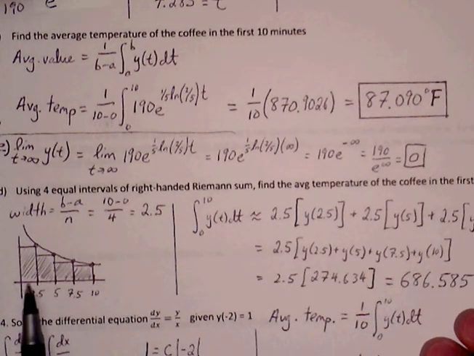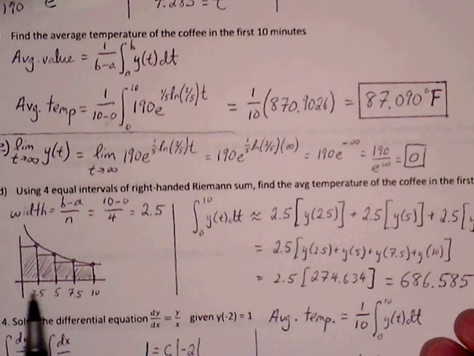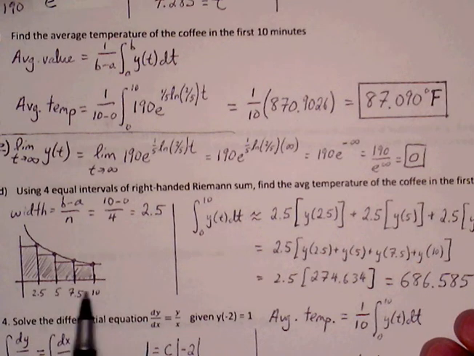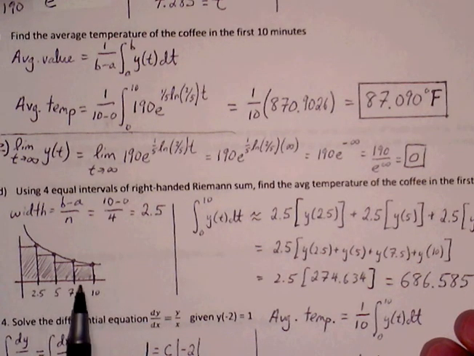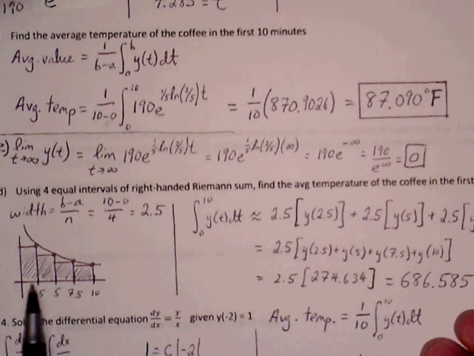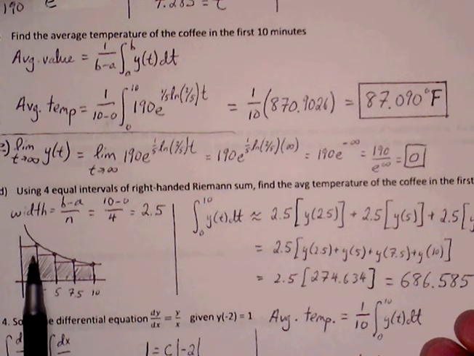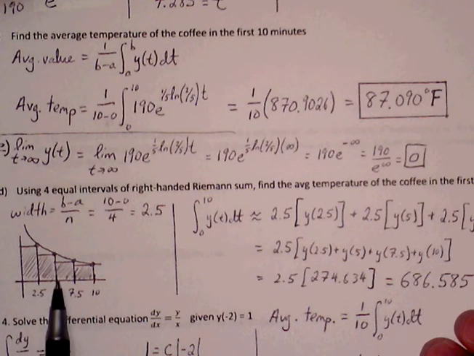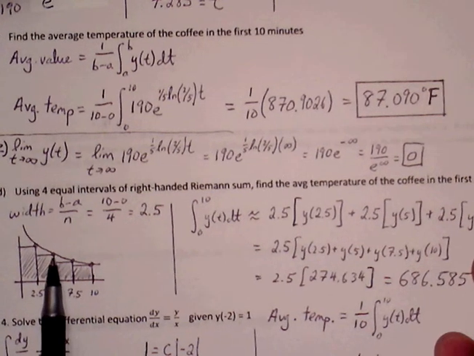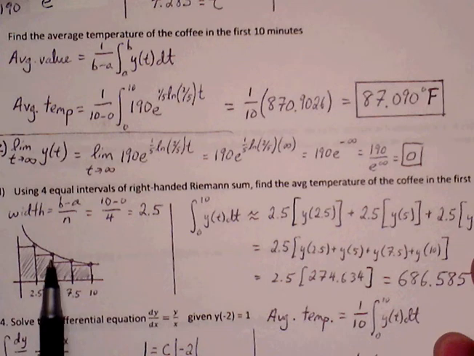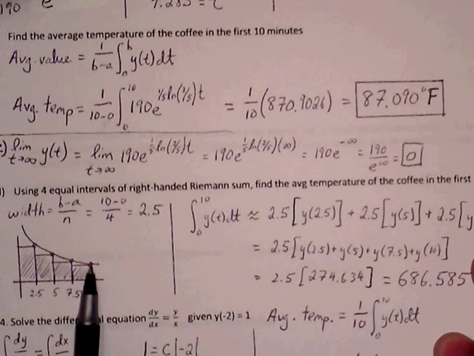So we start at 0, and we keep incrementing by 2.5, and those will be our x values that we'll be using. Okay. So for the first rectangle, we'll use 2.5 to plug into the function. For the second rectangle, we'll use 5 to plug into the function, and then plug in 7.5, and then plug in 10.